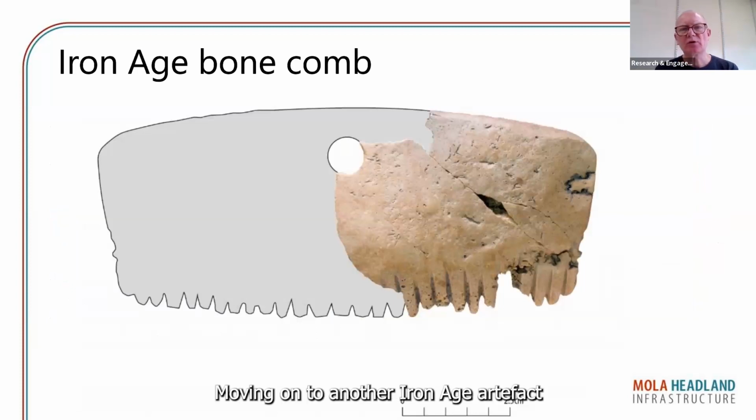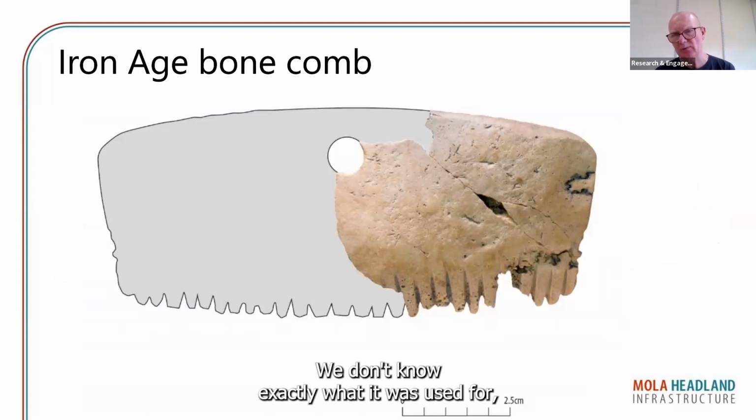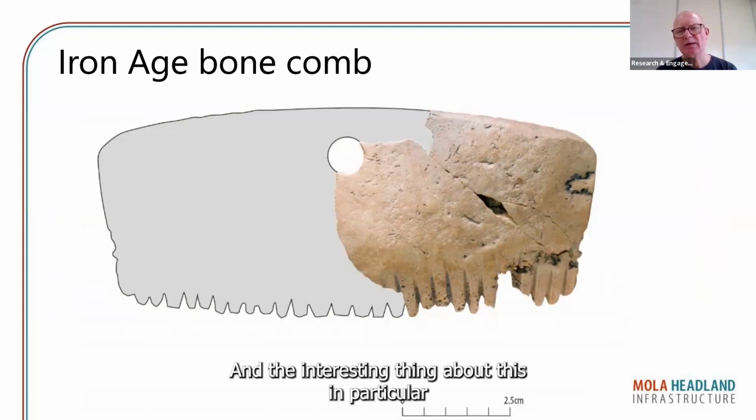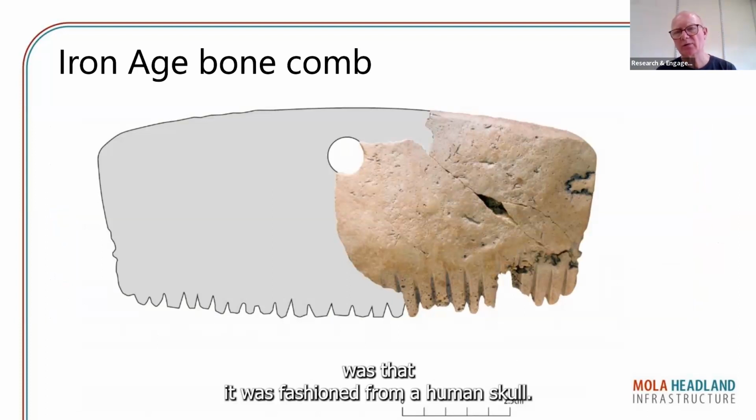Okay, just moving on to another Iron Age artifact, and this is what's called a bone comb. We don't know exactly what it was used for, but we found a broken half of what looks like a comb. And the interesting thing about this in particular was that it was fashioned from a human skull. It was cut freshly from a skull.